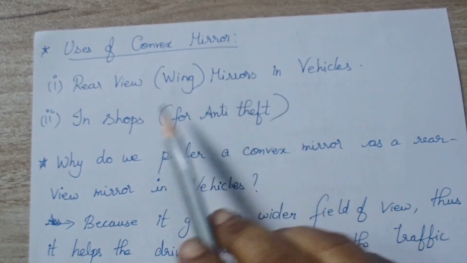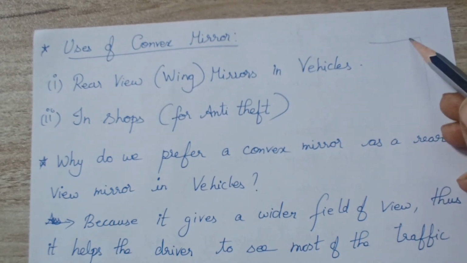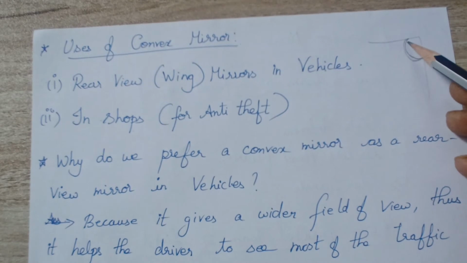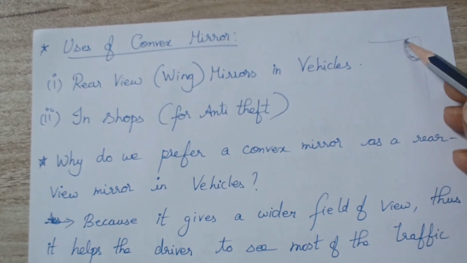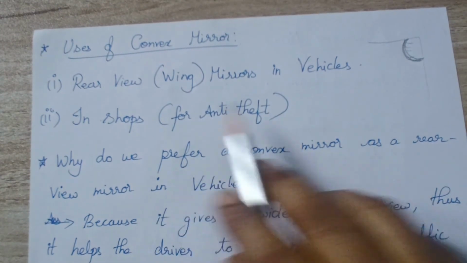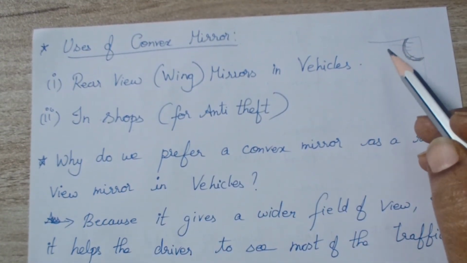Okay, and in shops, you can see at the corner of the place, they keep the convex mirror, right? It is curved outwards. Okay, why it has been used means you can have a wider field of view.